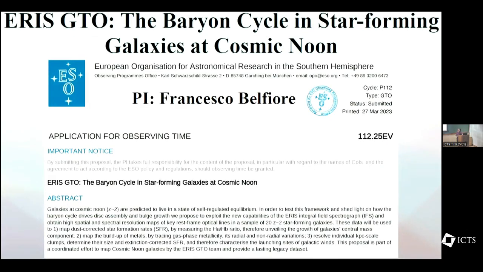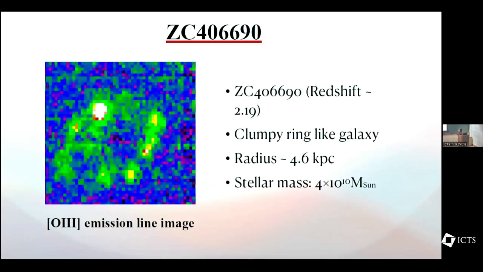I'm part of this ERIS GTO program, whose PI is Dr. Francesco Belfiore. This program is about studying 20 star-forming galaxies at cosmic noon to study their baryon cycle. But in this work, I would like to talk only about this particular galaxy because it has the best resolution so far of all our observations.